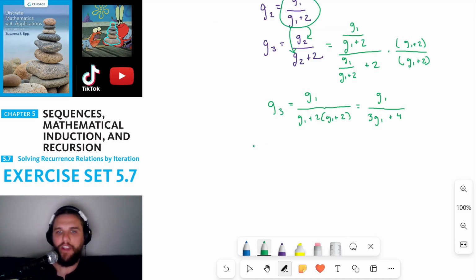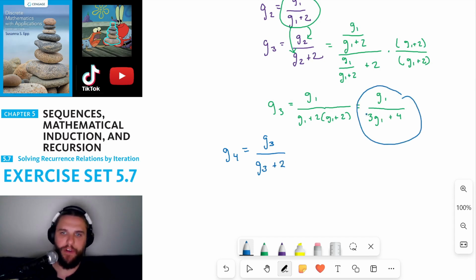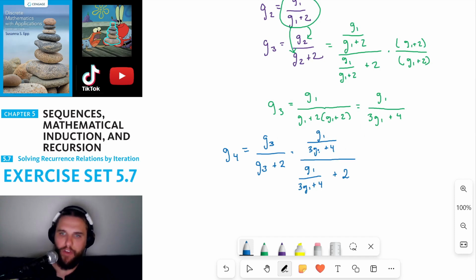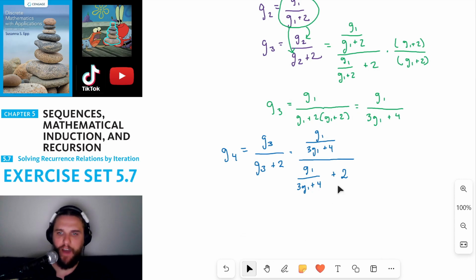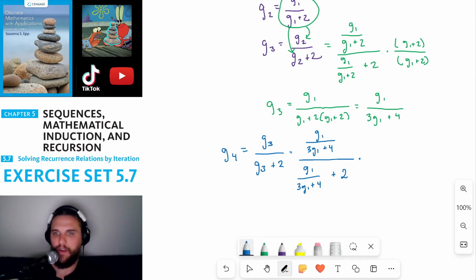Now let's calculate G sub 4. G sub 4, according to the recursive definition, is G sub 3 over G sub 3 plus 2. And we can plug what we got for G sub 3 into these G sub 3's here. And so we get G sub 1 over 3 G sub 1 plus 4, over G sub 1 over 3 G sub 1 plus 4, plus 2, which we can simplify the same way we simplified the last two fractions, by multiplying the numerator and denominator by 3 G sub 1 plus 4.